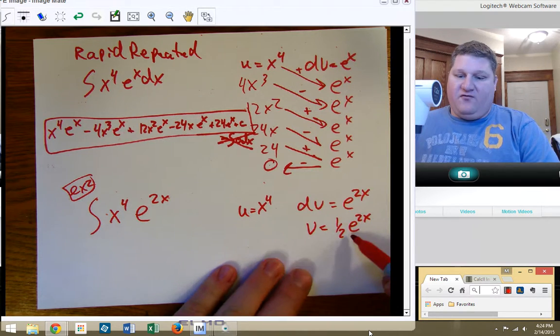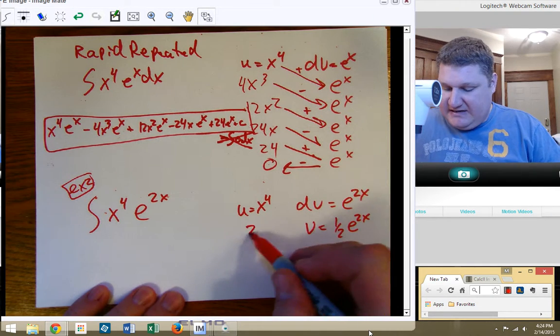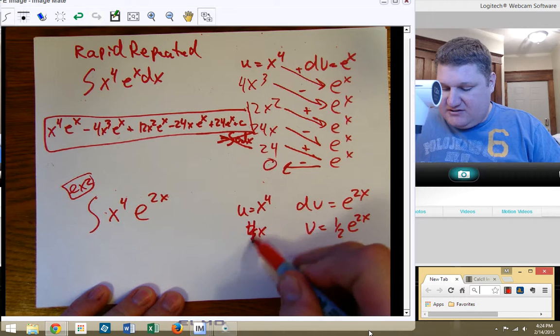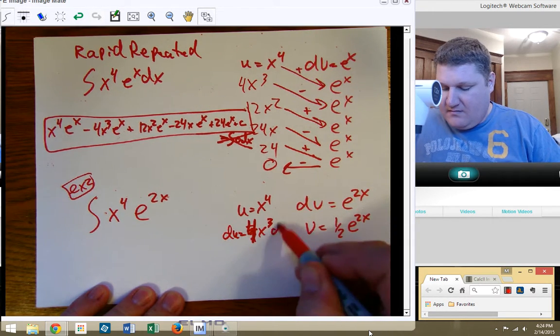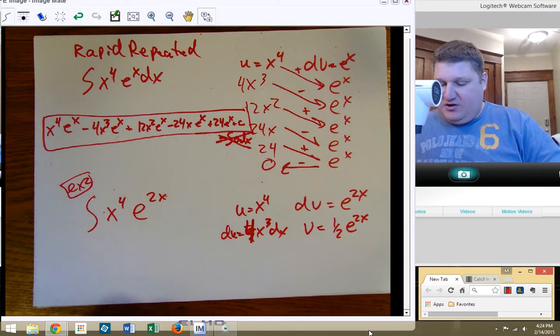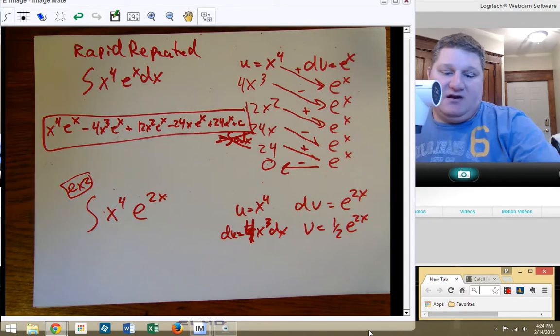So you need to be careful when there's a constant connected here, and that constant can cause us significant problems. So with that, you need to watch your constants, but that's rapid repeated integration by parts.